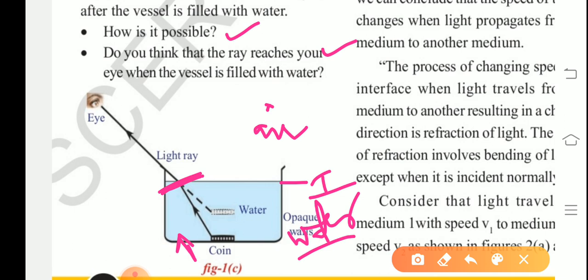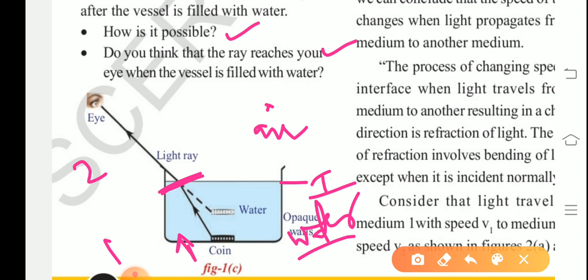Already I told you, when it enters from one medium to another, it changes its speed. Due to the change in speed, the direction changes. That's why it bends either away from the normal or towards the normal.